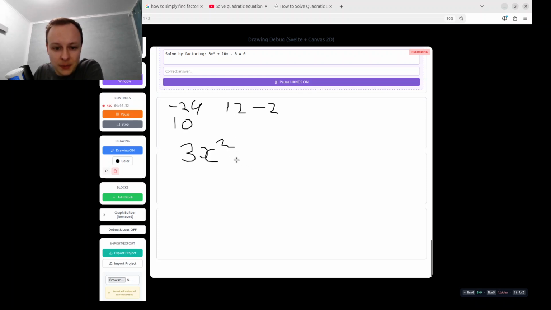First will be plus 12x, then minus 2x, minus 8. It's exactly our original equation, just the middle term was split into two parts.